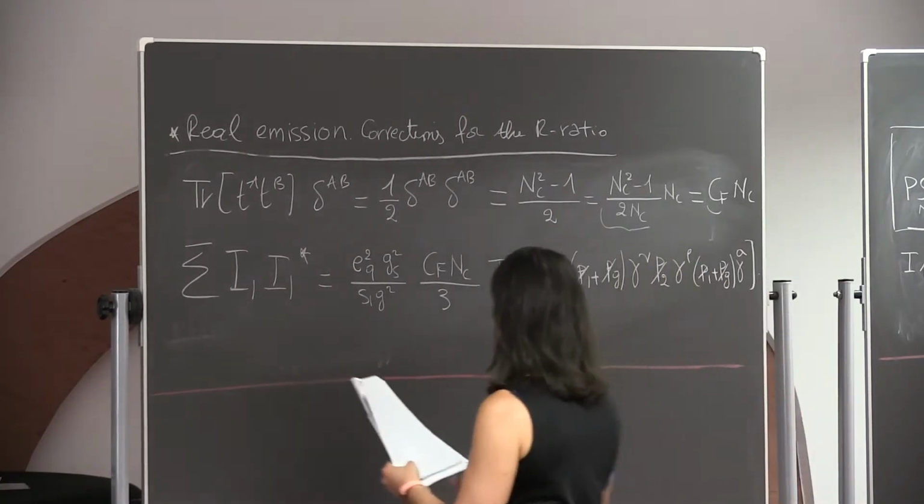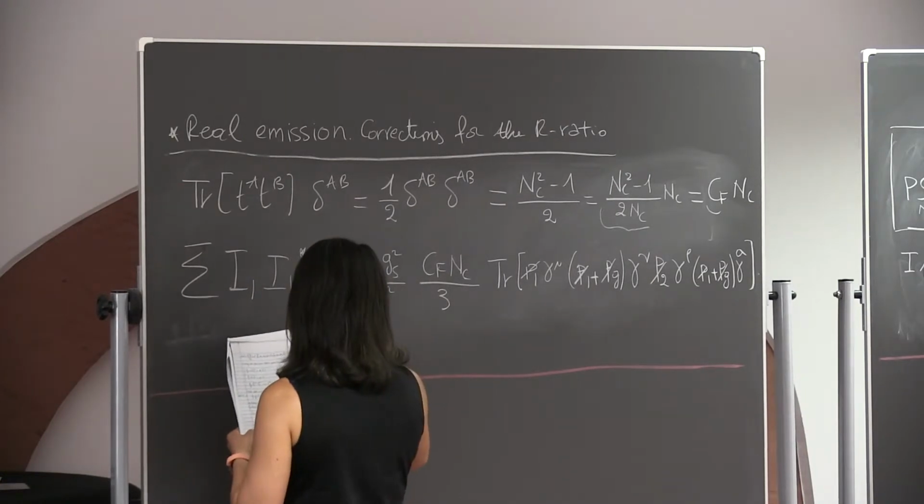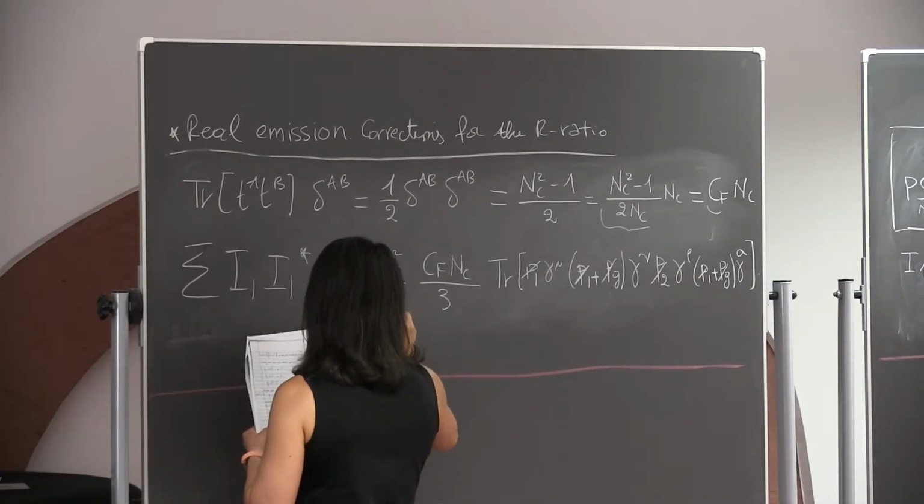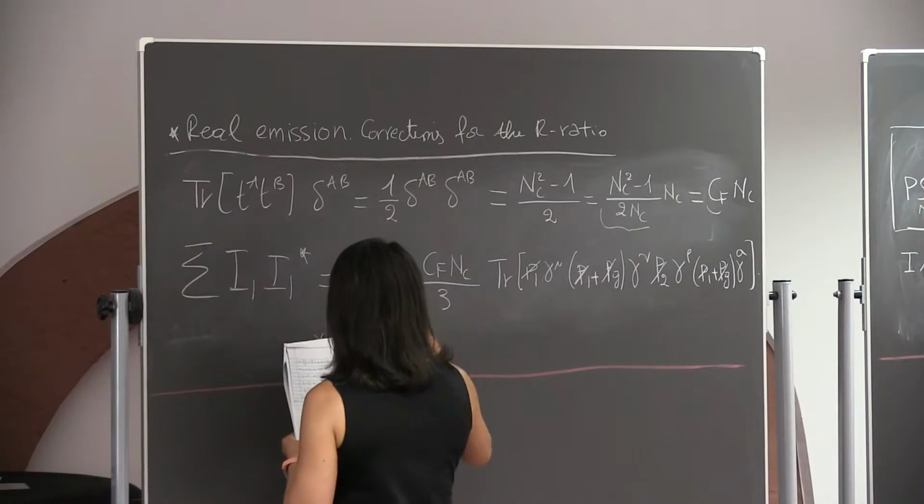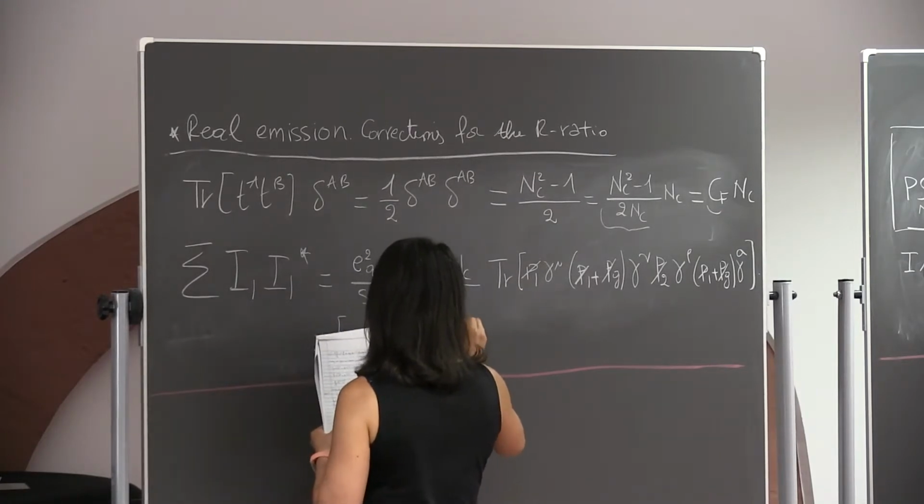Okay, and then I have also the minus G mu nu from the gluon polarization sum, and I have the minus G mu rho.